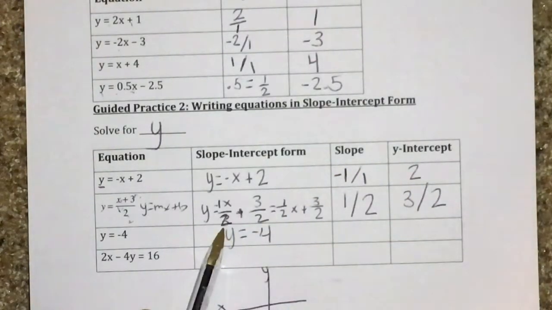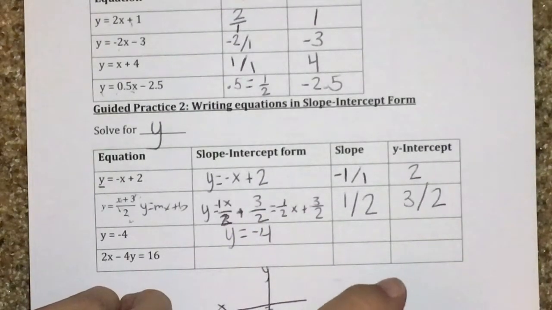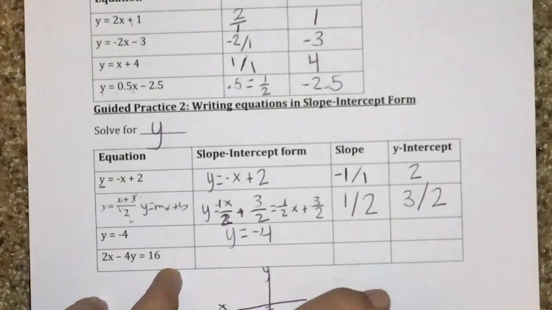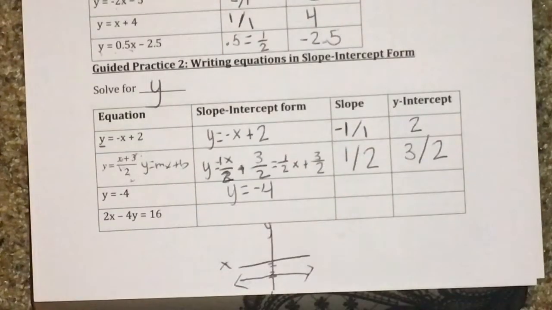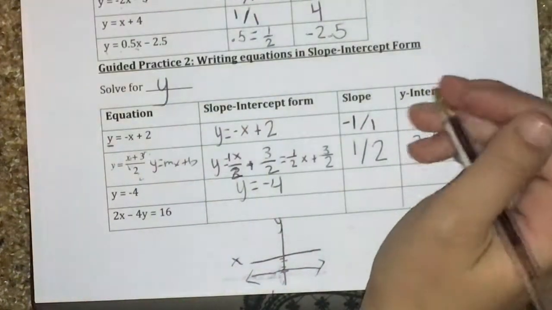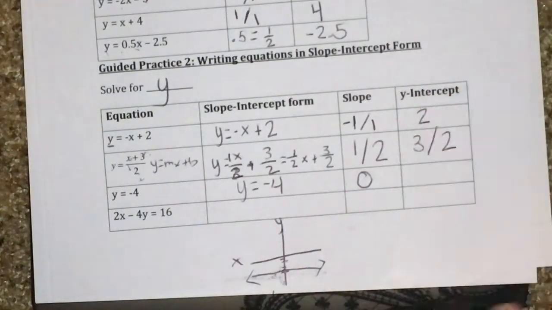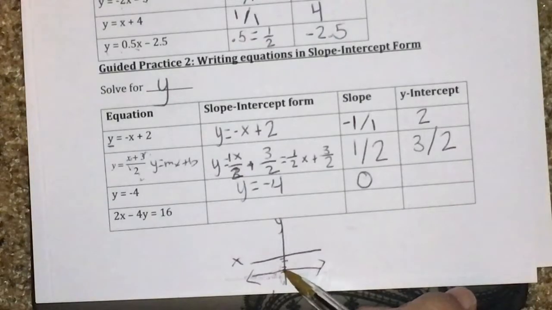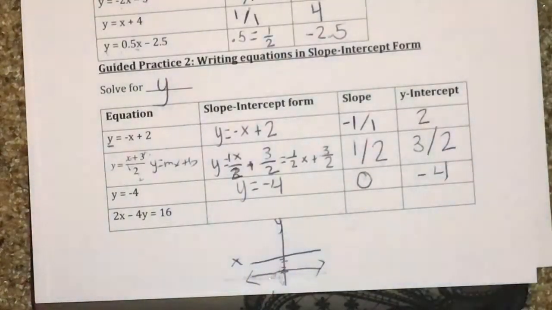When we graph these, we go to where y is equal to -4, which would be like right here, and we would draw a horizontal line going the opposite way that the y is going. In this case, when we have a horizontal line, our slope is always going to be 0. And in this case, our y-intercept, where our graph crosses the y-axis, is -4.